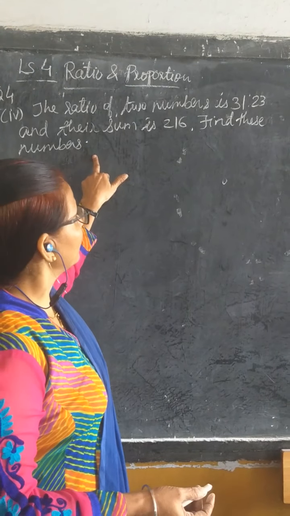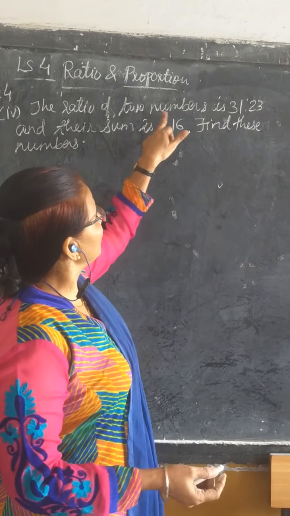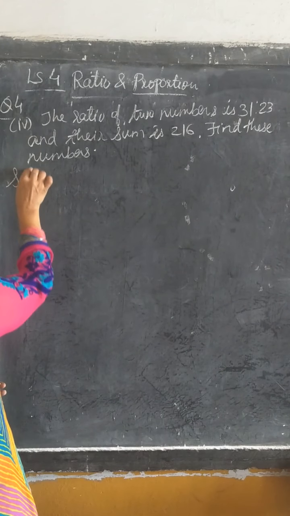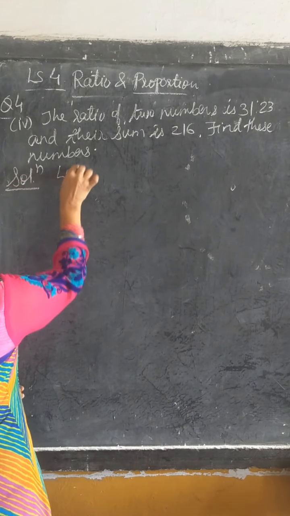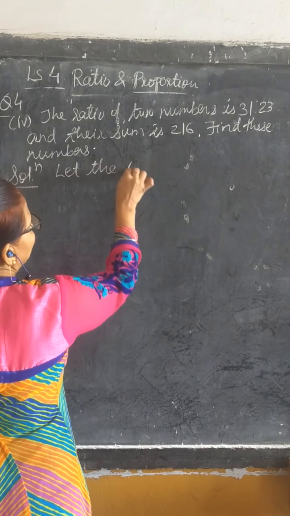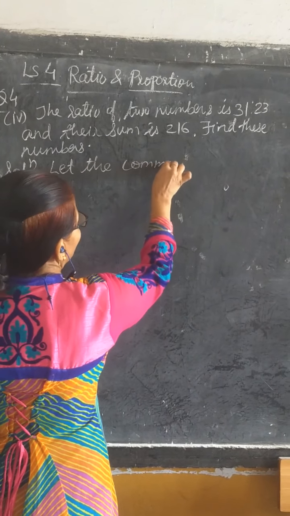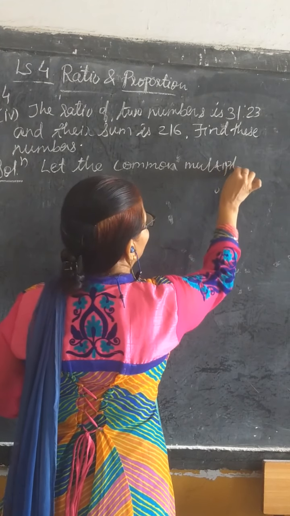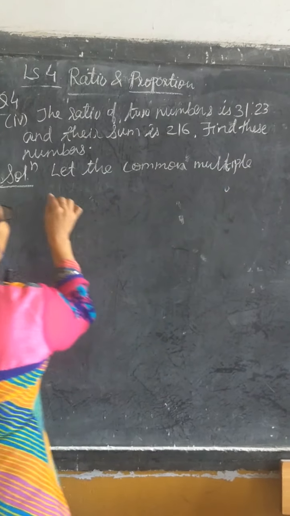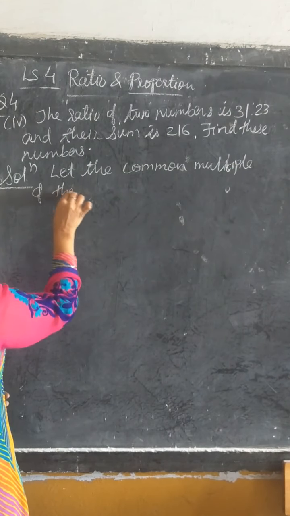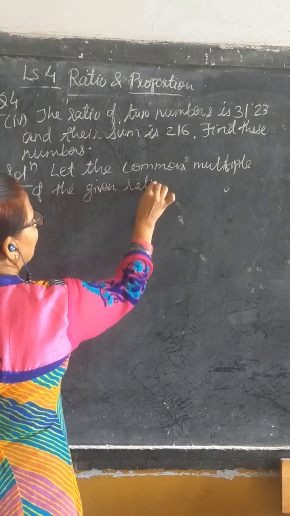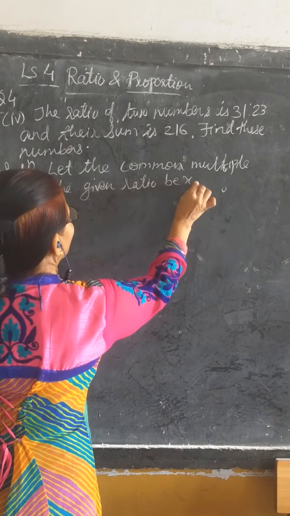In the same way, let's take the common multiple of the given ratio be x. So let's write, let the common multiple of the given ratio be x.